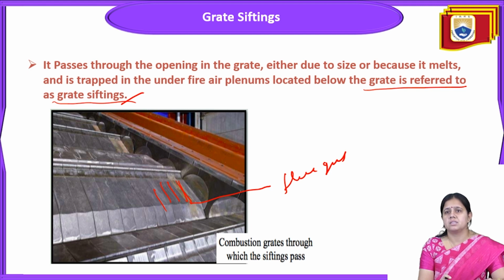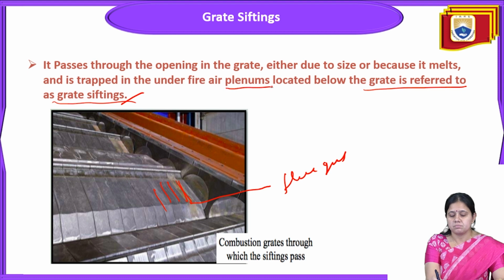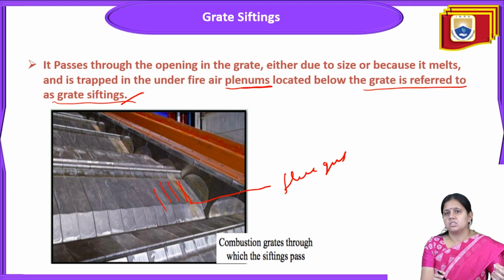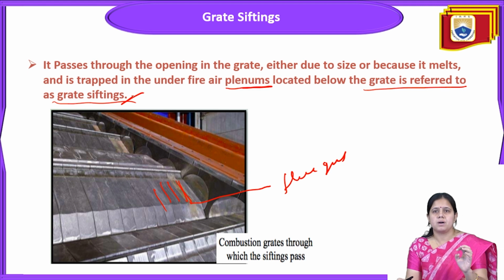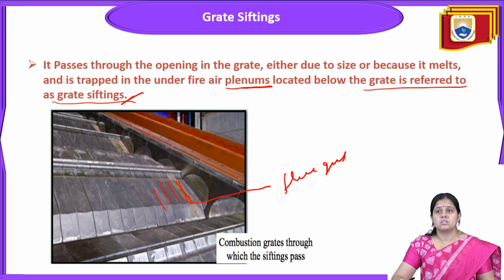It passes through the openings in the grate, either due to size or because it melts, and is trapped in the under-fire air plenums located below the grate.